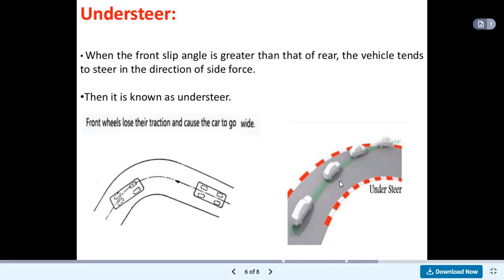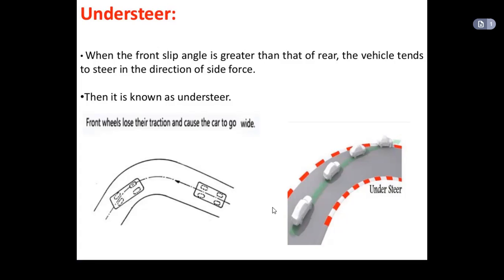You see in this diagram, the vehicle is turning on the road, but in place of turning, that vehicle moves in the left direction, and this is due to the side force.